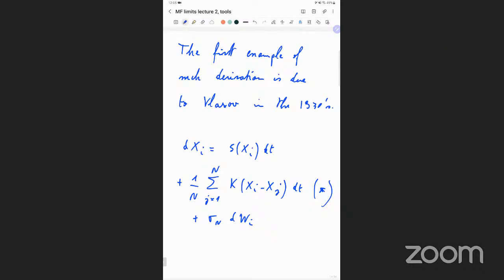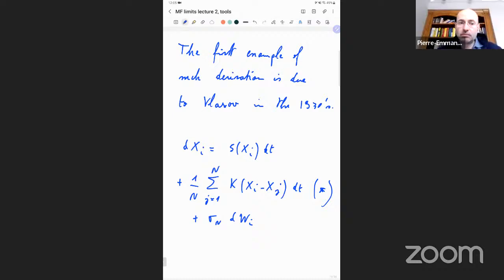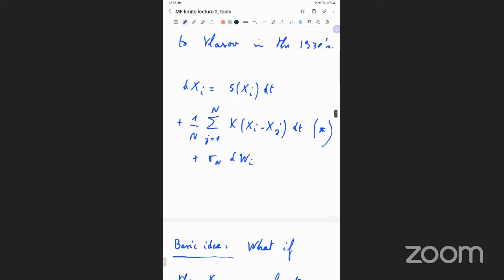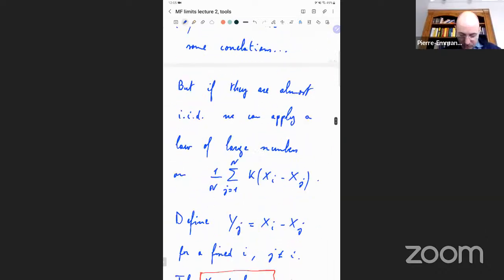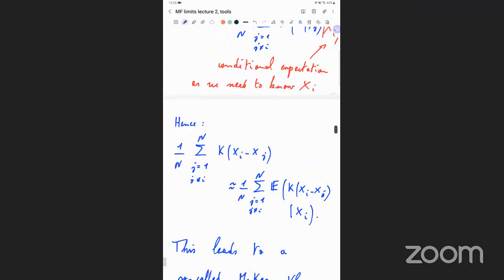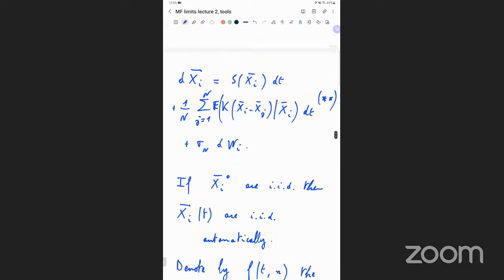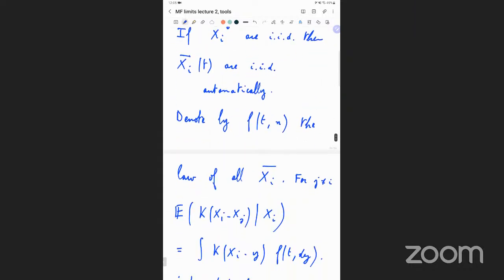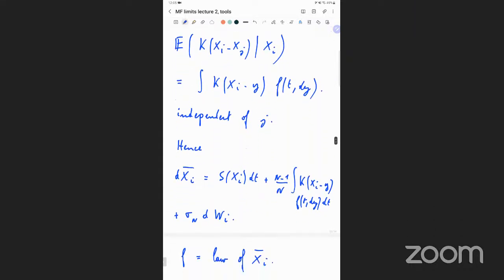And just another question. Back to the system of xi bar. You said that we can drop the index i to get the McKean-Vlasov process.